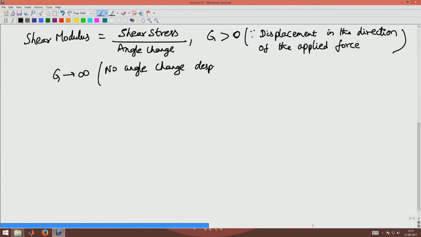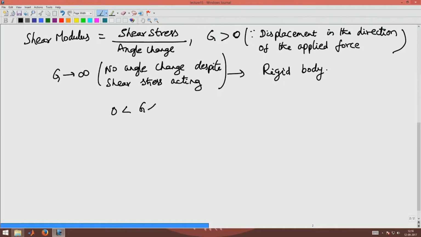This means the body is a rigid body, which we are not interested in this course, because we are interested only in deformable bodies. So the range of G is this, it has to be a positive number.